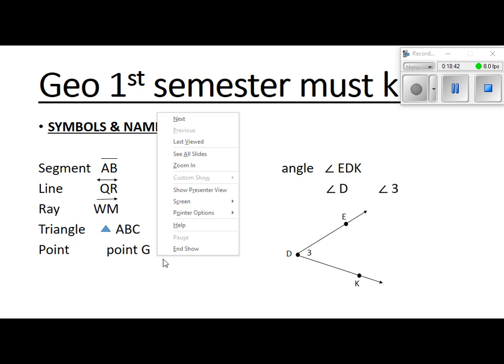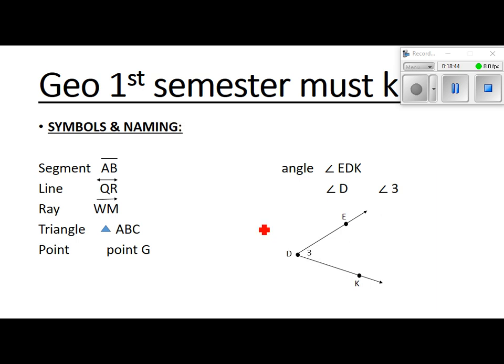Sometimes you can name a line, line T or line R, if that letter's out at the end. So don't forget that also. Triangle, symbol goes in front, 3 letters to name a triangle. To name a point, no symbol for it, just point G or point A or whatever it happens to be.